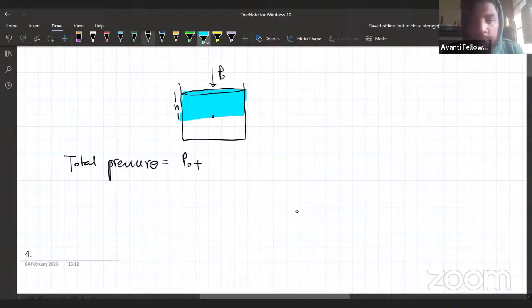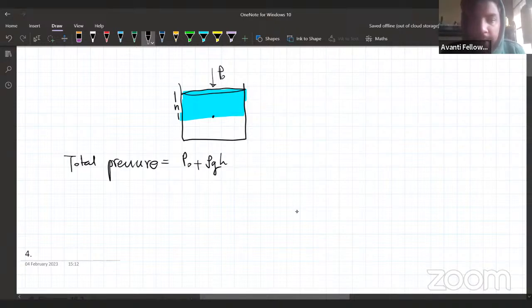That will be equal to rho G H, where rho is the density of this liquid, G is gravitation, and H is the height or the depth which we are going in, right? Hopefully this topic is clear to you all.